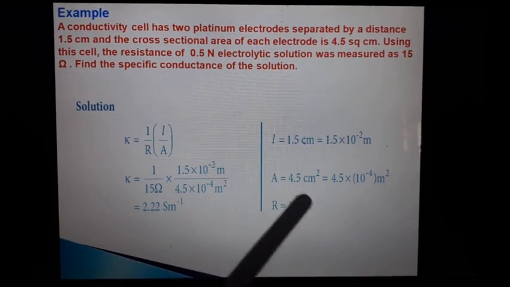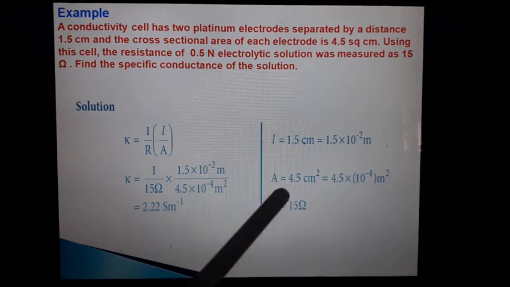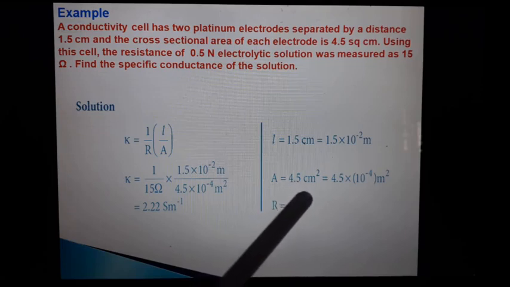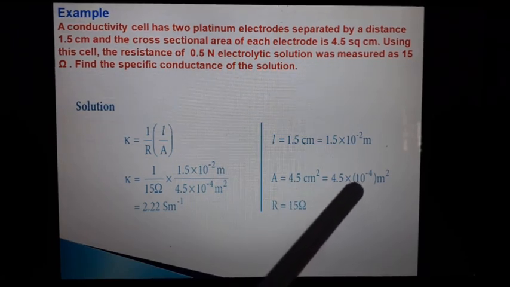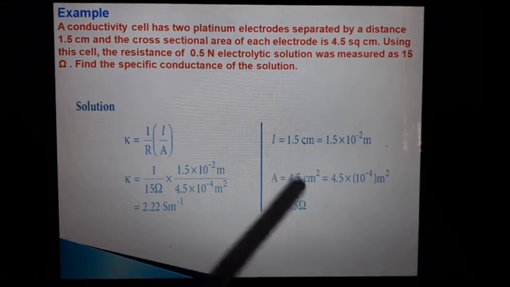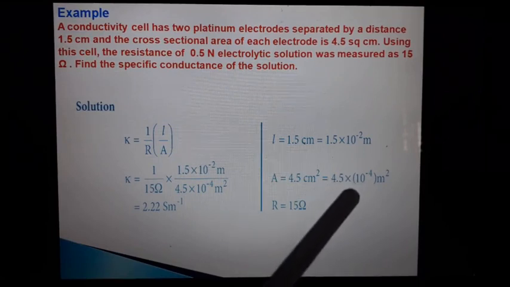I want to convert it to square meter, so 4.5 divided by 100 into 100, because it is squared, that is 10 to the power of minus 4 square meter.